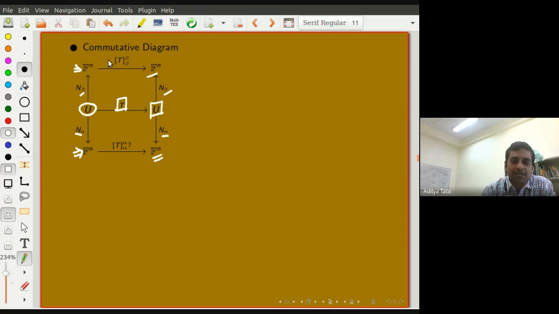Now, what does this matrix T beta beta do? It maps this copy of Fn to this copy of Fn. And similarly, T alpha alpha, which is unknown, maps this copy of Fn to this copy of Fn. So if you think of this as roads going from one vector space to the other, as of now, this road is inaccessible because we don't know T alpha alpha.